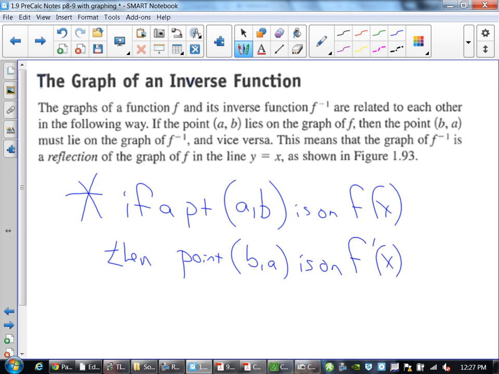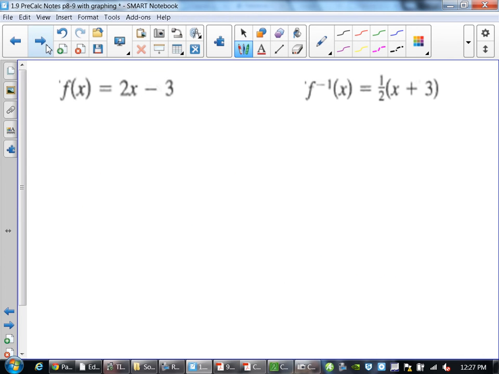So if I want to look at an example, a really easy example: I have a function, f of x is 2x minus 3, and then the inverse of the function, I already wrote it out, f prime of x is 1/2 times the quantity x plus 3.